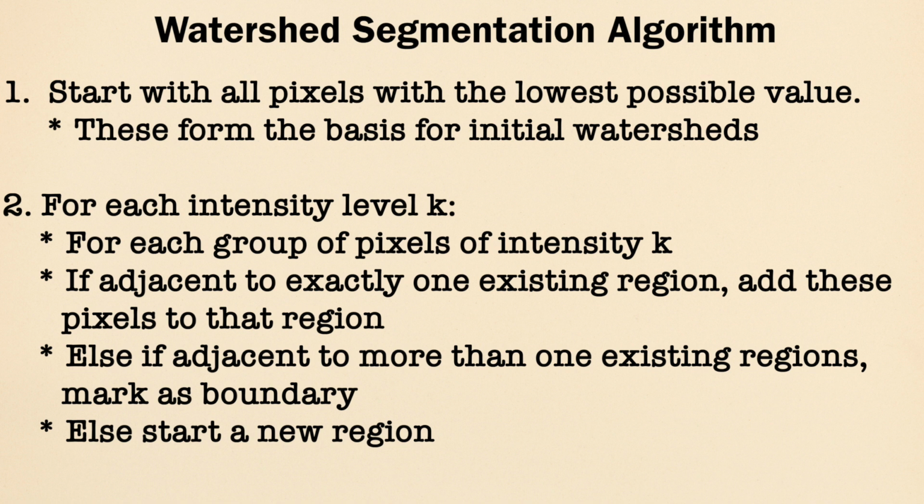Else, if adjacent to more than one existing region, mark as boundaries. Else, start a new region. Whenever we go with the watershed algorithm, we have to follow this procedure, where we initialize the pixels with K and find the adjacent similar pixels connected to the basins.